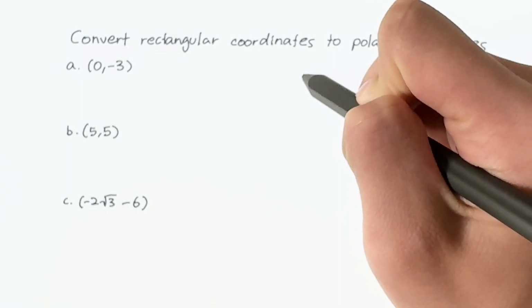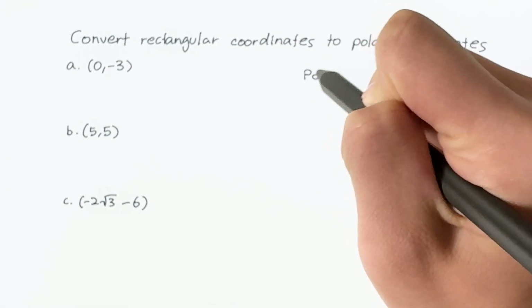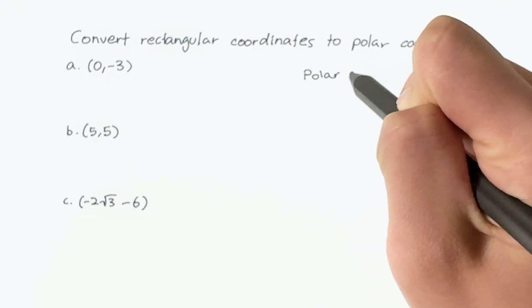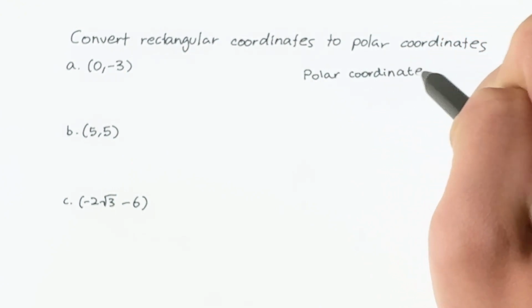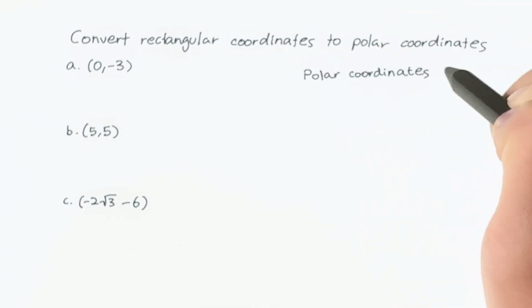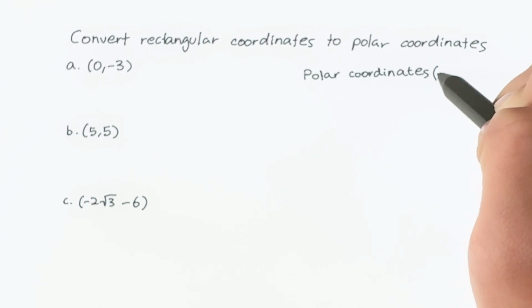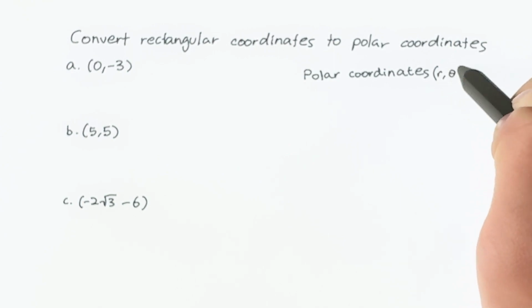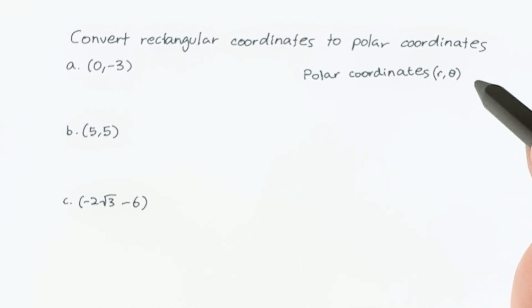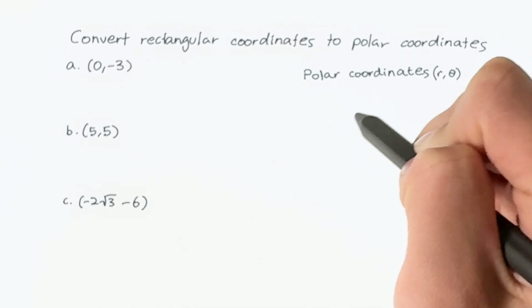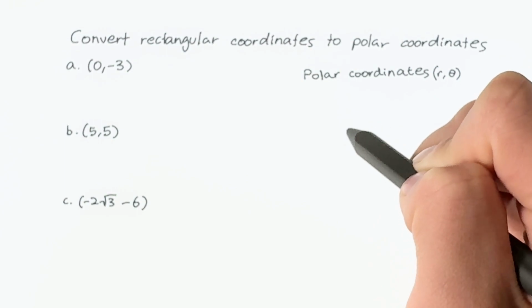For polar coordinates, we denote them as (r, θ). So r stands for the radial coordinate, and then θ stands for the angular coordinate.